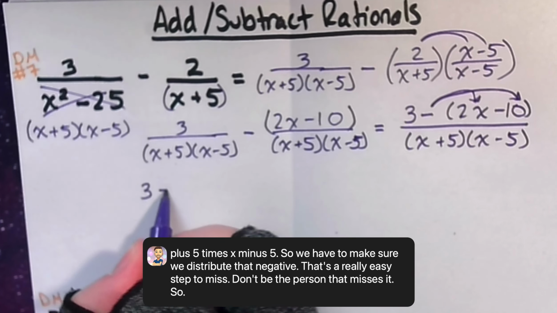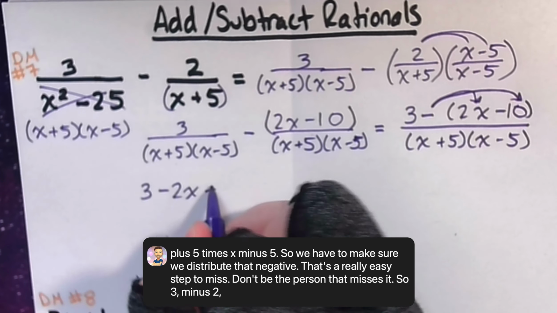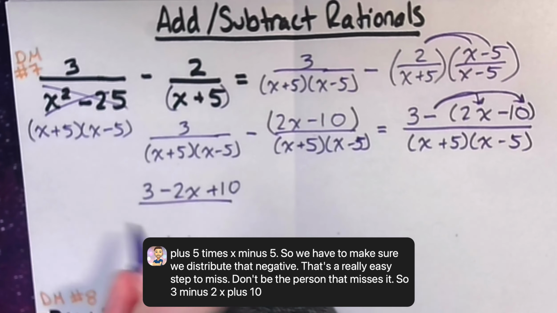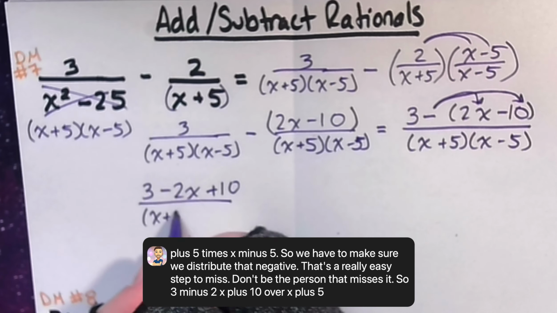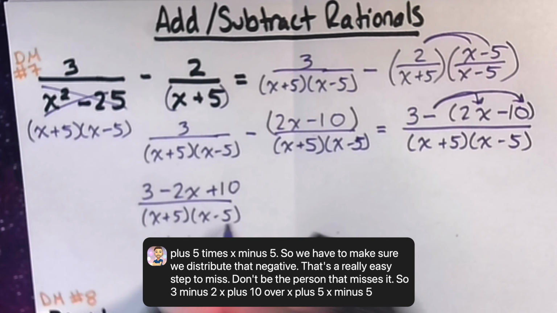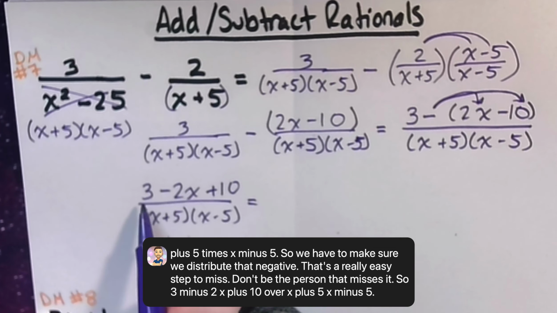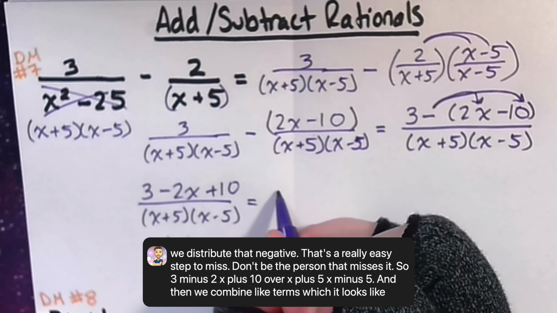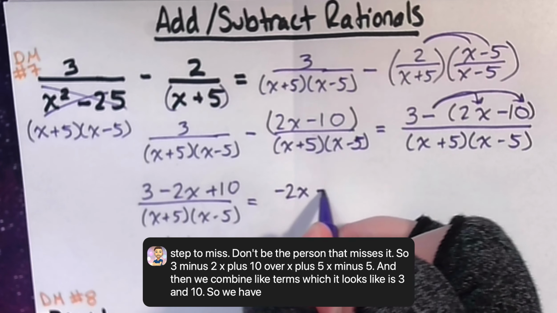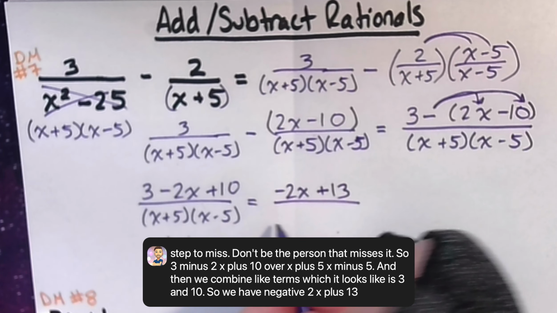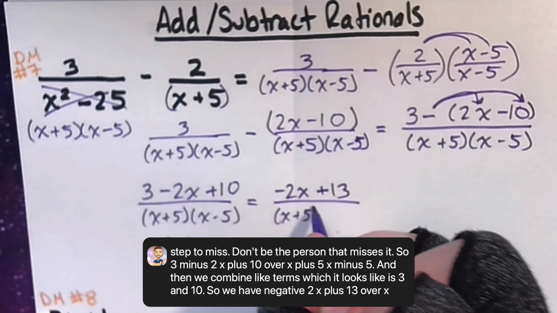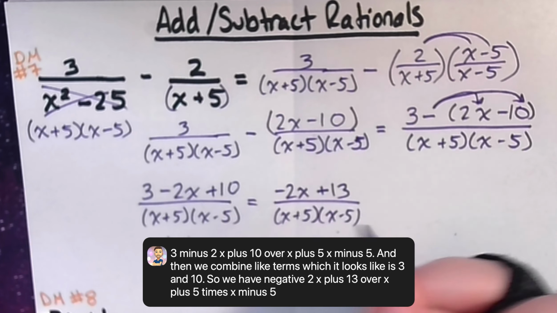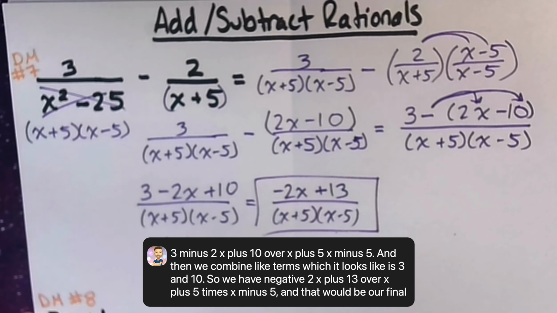So 3 minus 2x plus 10 over x plus 5, x minus 5. And then we combine like terms, which looks like 3 and 10. So we have negative 2x plus 13 over x plus 5 times x minus 5. And that would be our final answer.